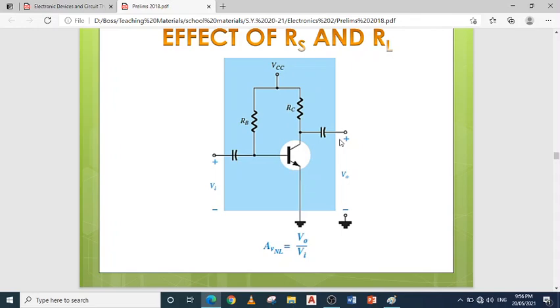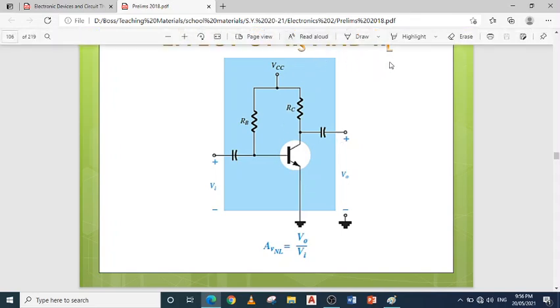Biro lang. Okay. So tonight I will discuss the effect of RS and RL. So by the way, what is RS and what is RL?